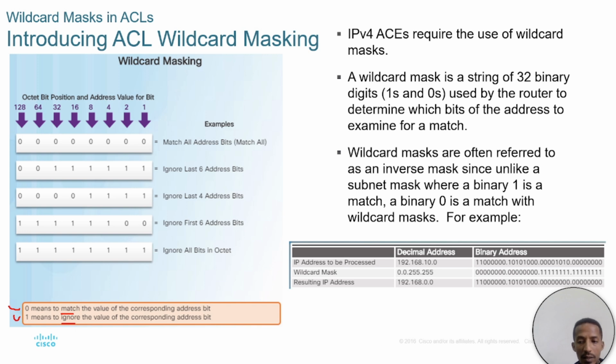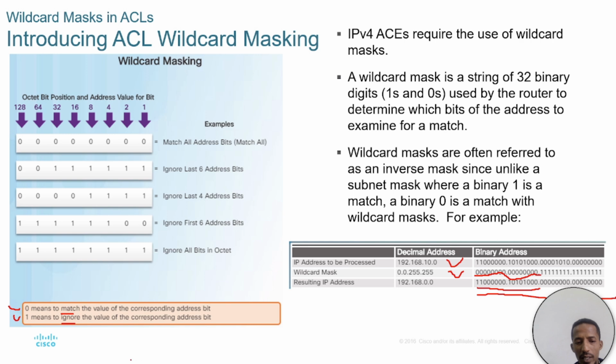What you can see here is an IP address, and this is your wildcard mask. How do you filter based on this? Whenever you have zero, what did we say? They should be matched. So when you match the upper number with this number, you get this number itself.